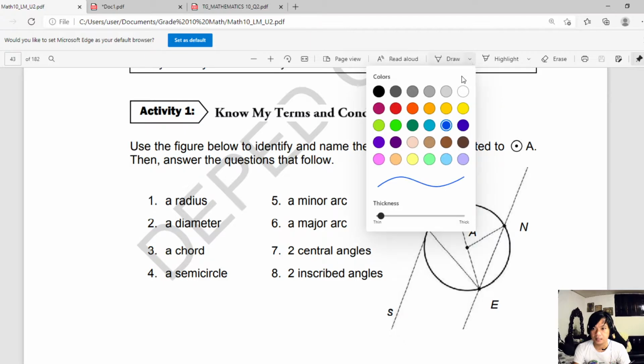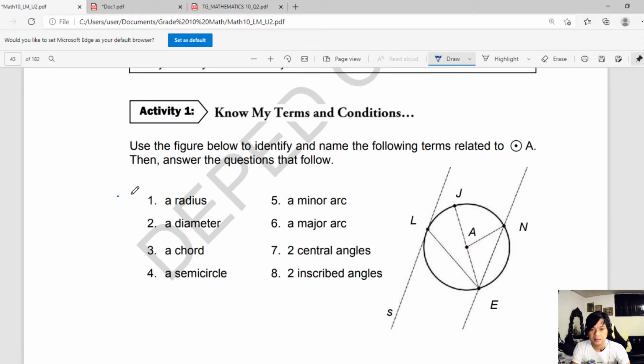Let's identify one radius. So pwedeng line segment or segment. Lagyan natin siya ng number. So for number 1, pwede ditong line segment JA. JA is a radius. Another one, you can also have segment AN or NA. So order doesn't matter kasi it's a line.